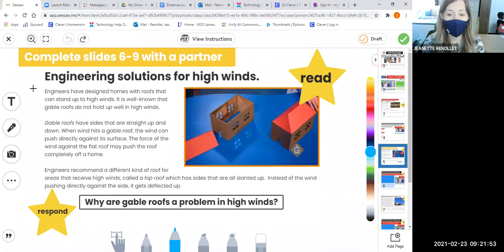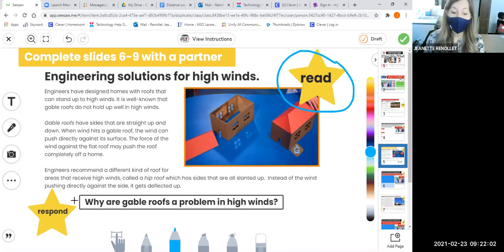Our first job today is going to be working with a partner. We're going to read this text on slide number 5, and you're going to respond to the question at the bottom. Our question is, why are gable roofs a problem in high winds?